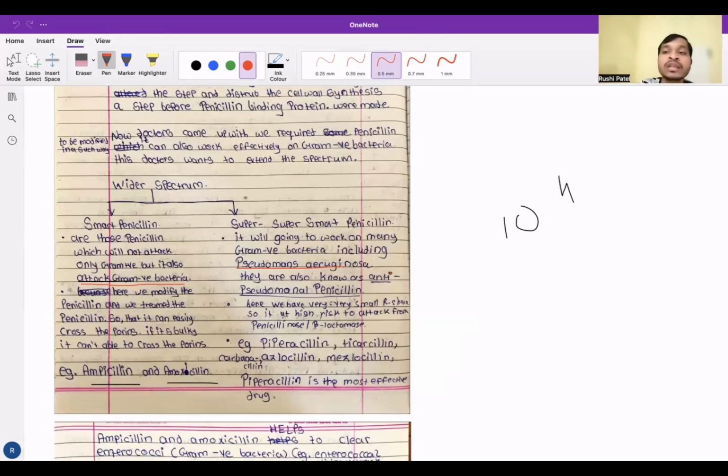Among them, the most potent medicine is piperacillin. Remember, P for potent and P for piperacillin. Let me change the color for you guys. Piperacillin is the most potent drug on Pseudomonas aeruginosa.